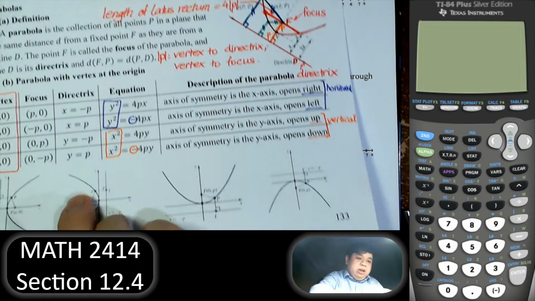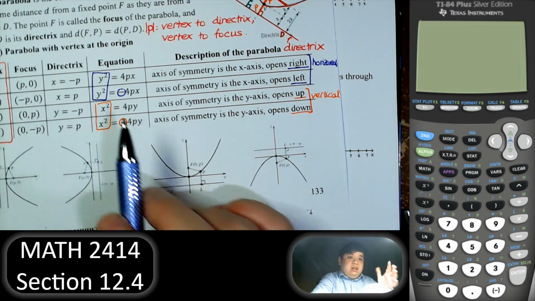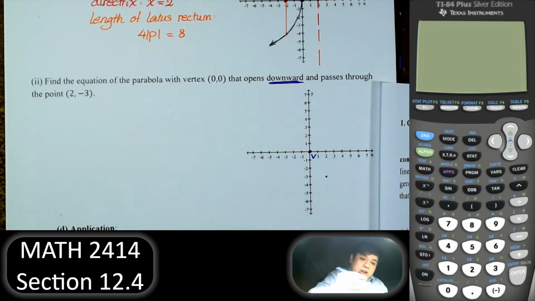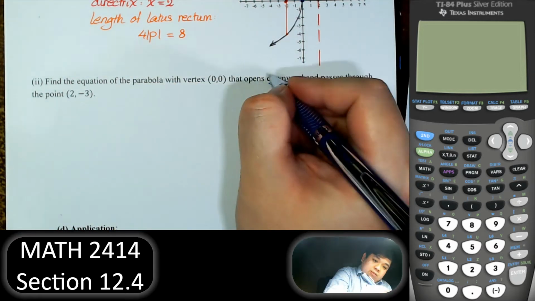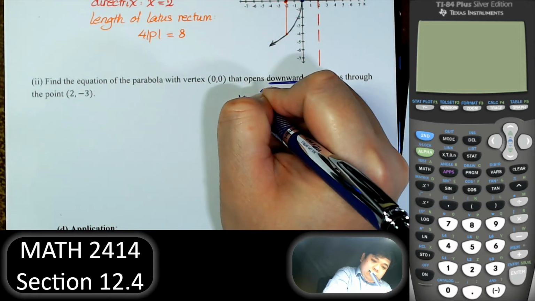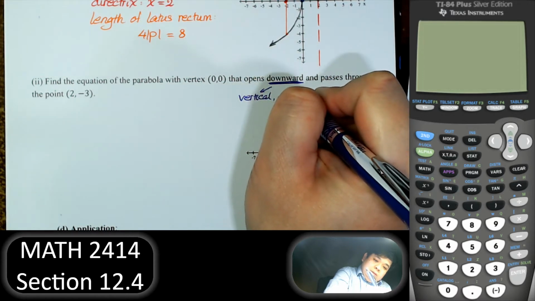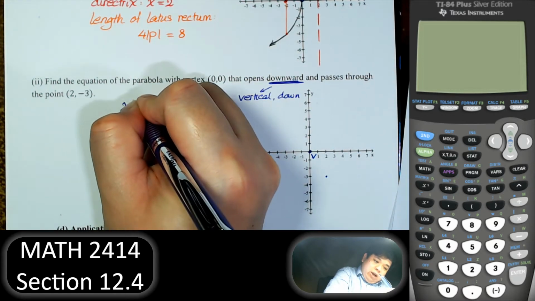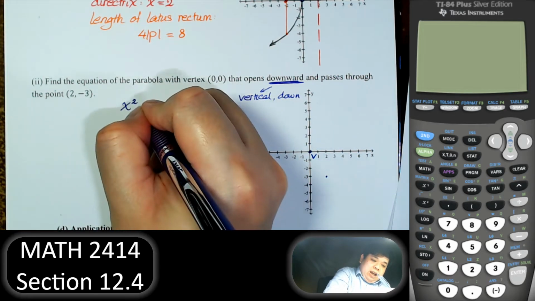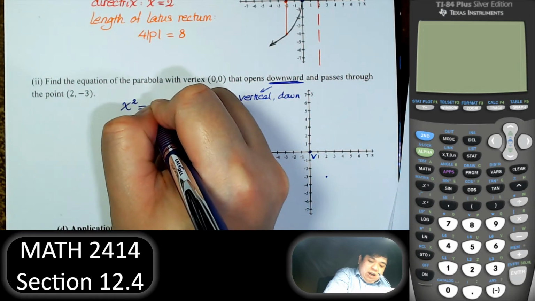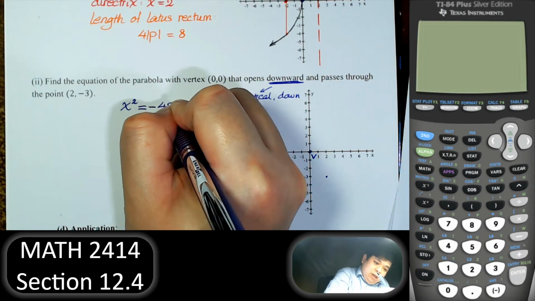So it opens down, meaning it's going to be x squared, because that's vertical. If it's vertical, we will have x squared leading, and since it opens down, it's going to be negative 4py.